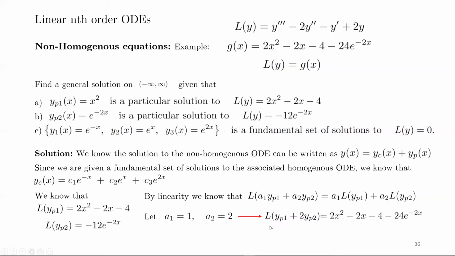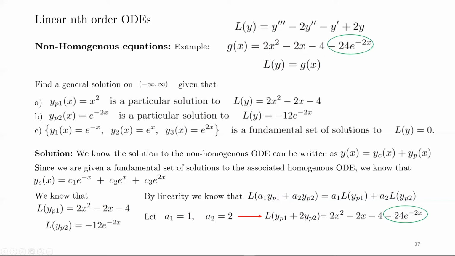Therefore, L of yp1 plus 2yp2 equals 2x squared minus 2x minus 4 minus 24 e to the minus 2x. Okay, so that is exactly the right hand side of the non-homogeneous ODE, exactly equal to this function g of x.